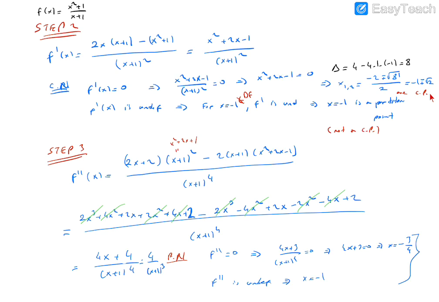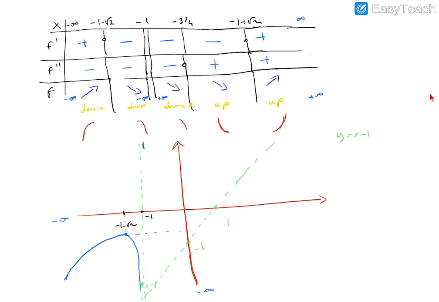So for a partition number, there is no solution. This is 4 over a cube, so no solutions. We should update our sign chart. So this is not the solution, but at the point minus 1, it changes the sign because the degree is minus 3 now.